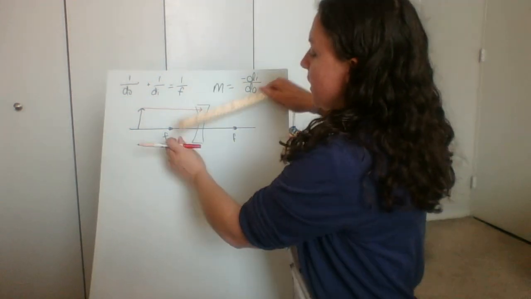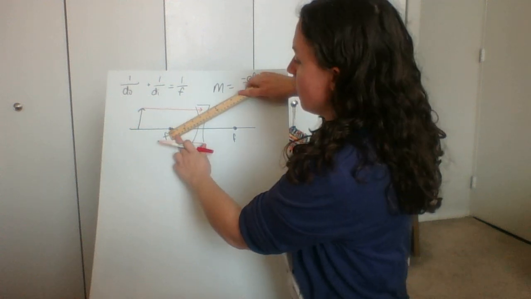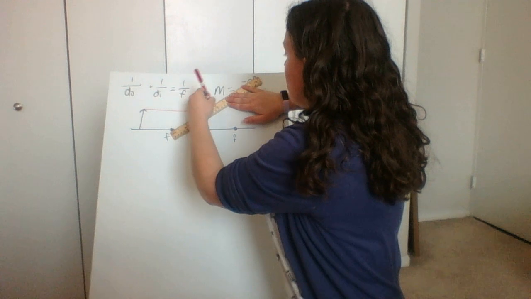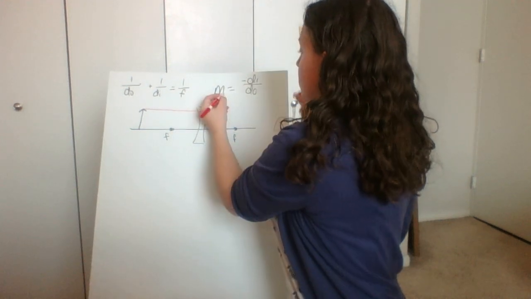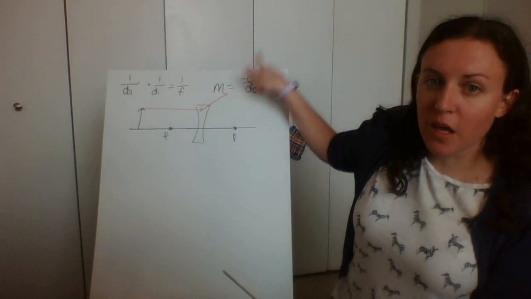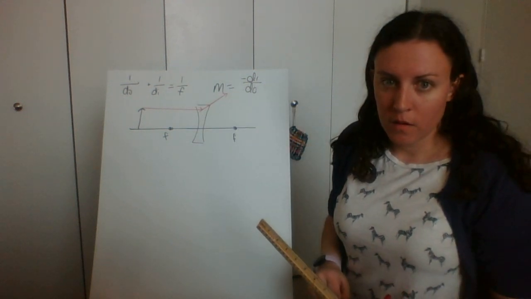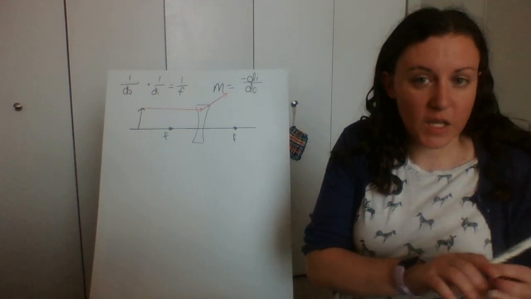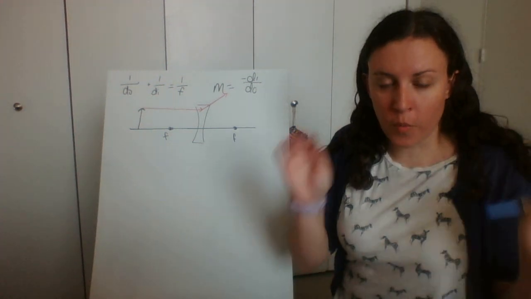You're going to line up this first focal point right here with the end of your ray, and it diverges. It goes away from my lens. Instead of going towards something, it goes away from something. Next one, focal point, parallel.